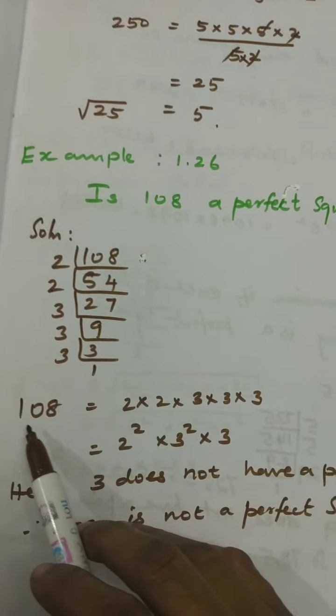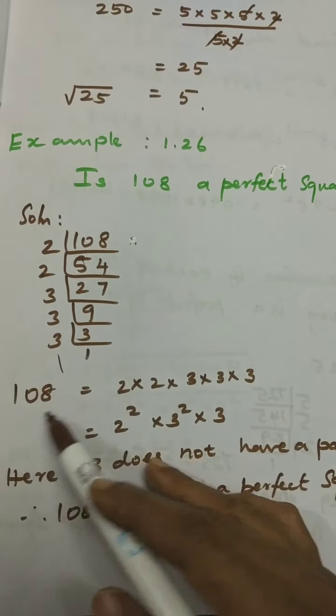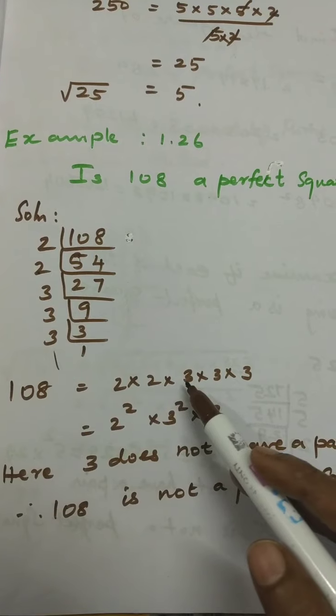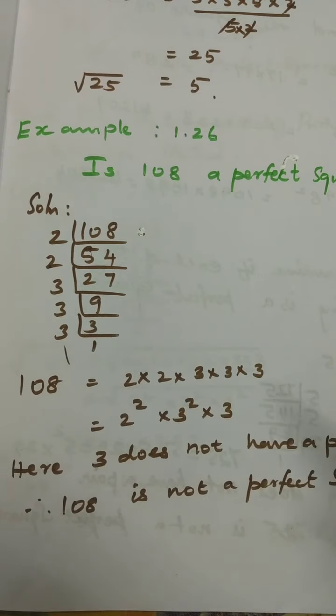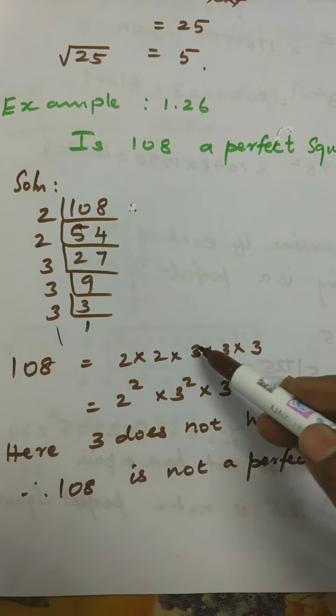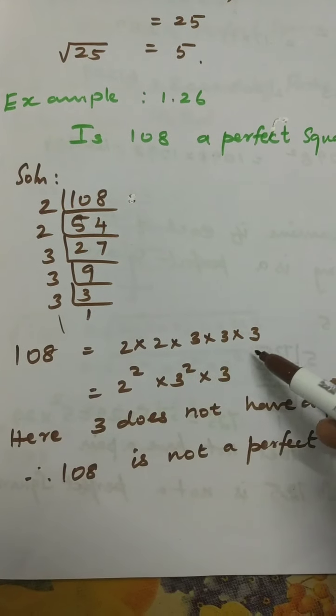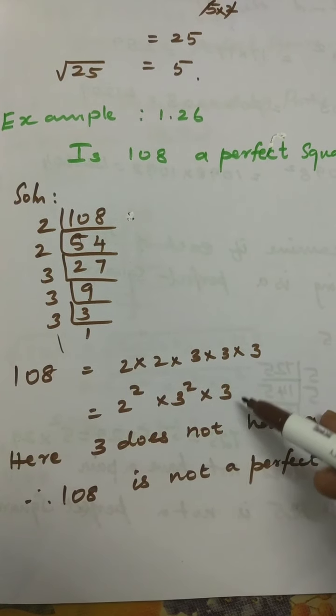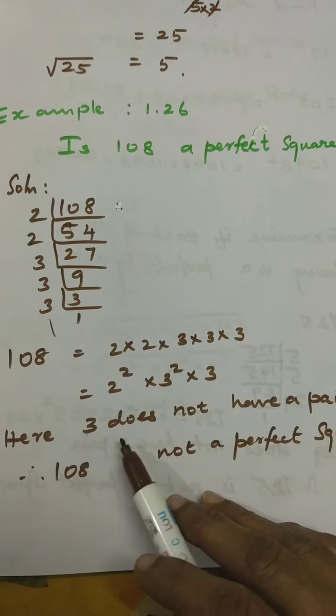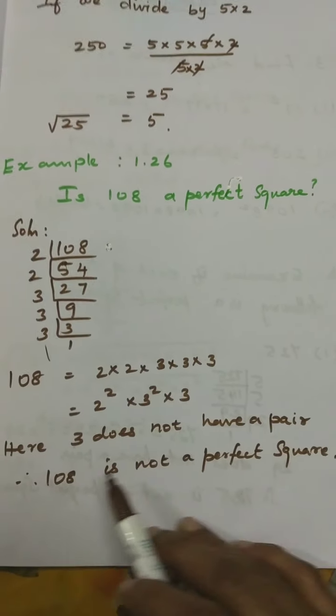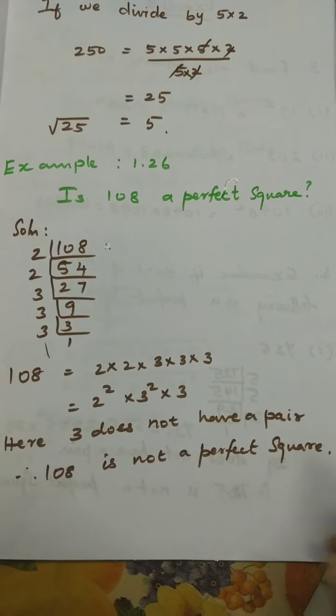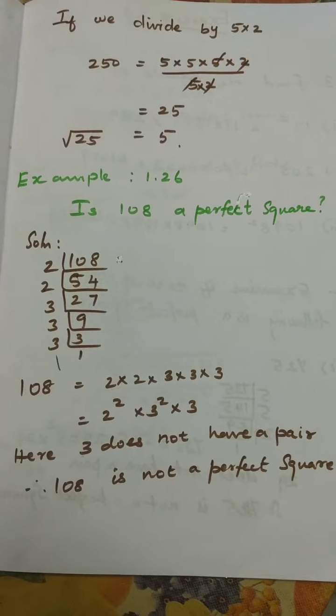Okay, now you write the numbers. 108 is equal to 2 into 2 into 3 into 3 into 3. Here we have 2 square and 3 square. Then one 3 does not have a pair. So 108 is not a perfect square.